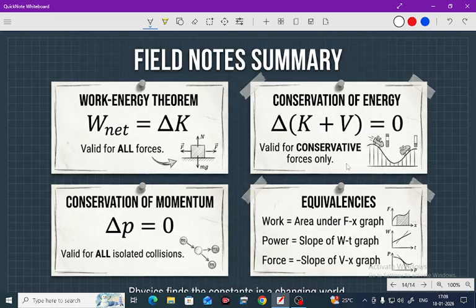This is valid only for conservative forces. Conservation of momentum: change in total momentum equals 0, valid for all isolated collisions. Equivalencies: work is the area under the F-x graph, power is the slope of the work-time graph, and force is minus the slope of the U-x graph. All these are needed for this field note summary.